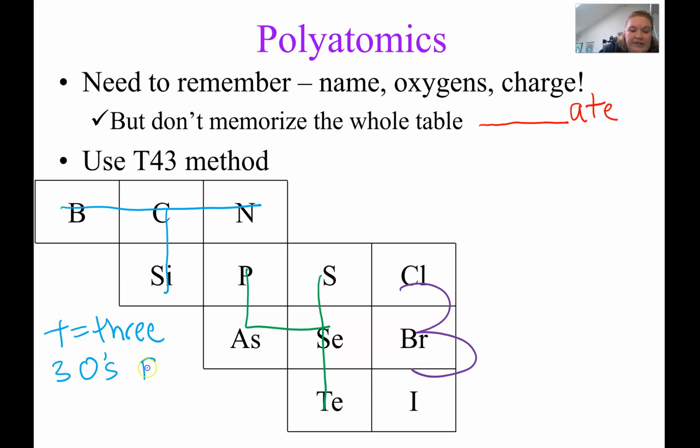So borate is BO3, carbonate is CO3, nitrate is NO3. Now, the other thing we need to know, though, is the charge. So as we go across, we have -3, -2, -1.